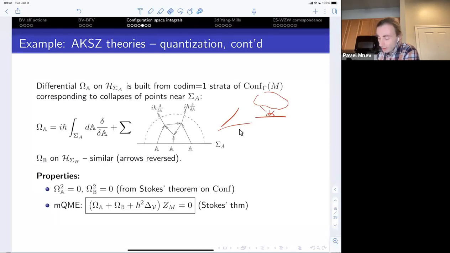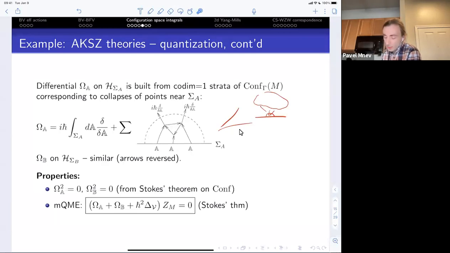And in fact, this construction satisfies the property that these two differentials, for the A boundary and for the B boundary, both square to 0. This is a non-trivial statement, but it comes from a careful analysis of configuration space integrals and the boundaries and corners of the configuration space, and from Stokes' theorem on the configuration space.